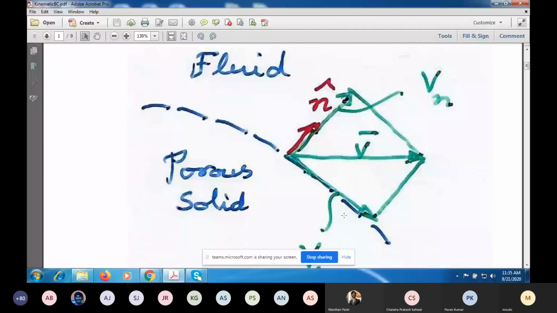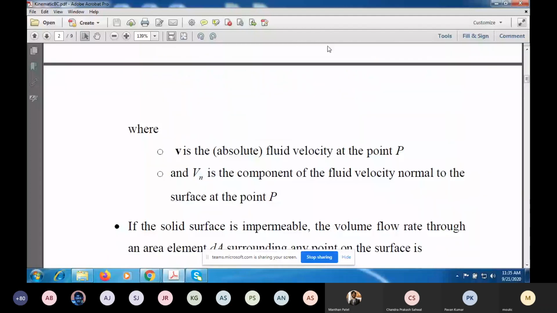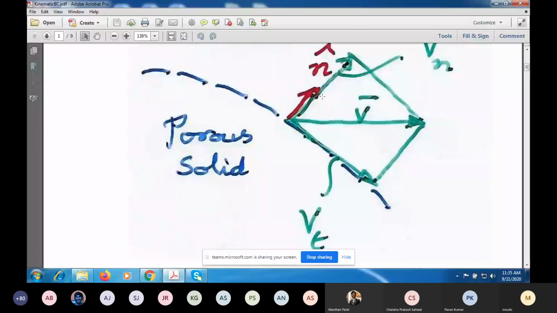But now, if you look at an impermeable solid, whether it's viscous or inviscid, it does not matter. There will be no mass transfer across the solid surface. So the normal component of the velocity will be zero. Okay. So this Vn here will be zero, which means that if it's an inviscid fluid, we can predict what is the direction of the velocity.